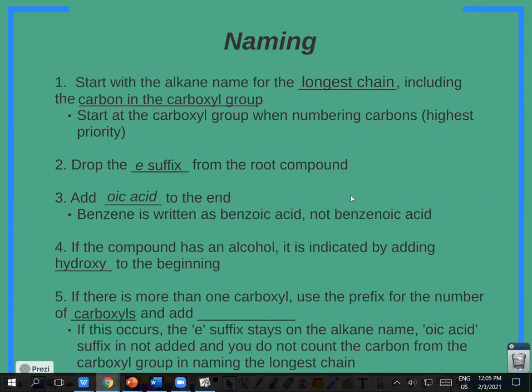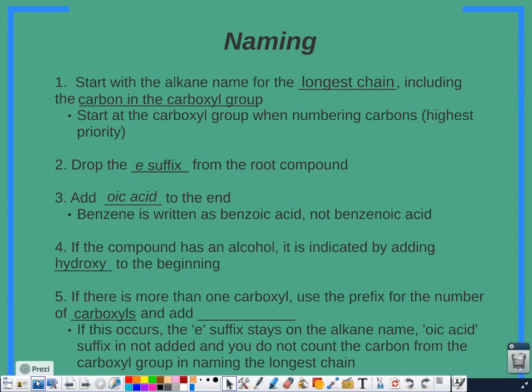Here, let's write some examples. HCOOH. How many carbon atoms? One. As an alkane, what is the name?